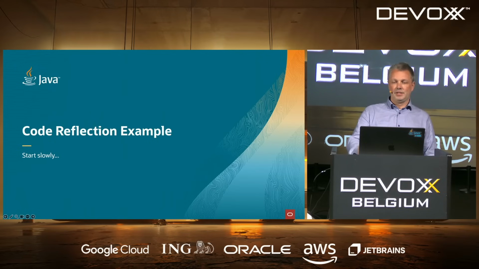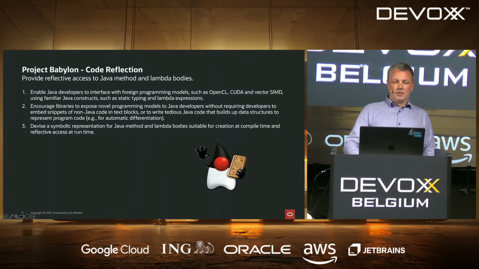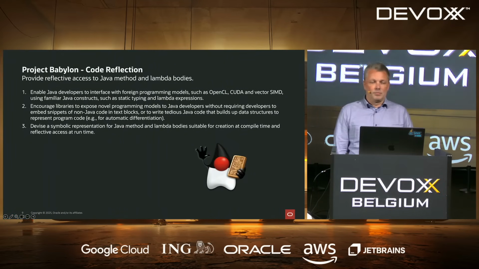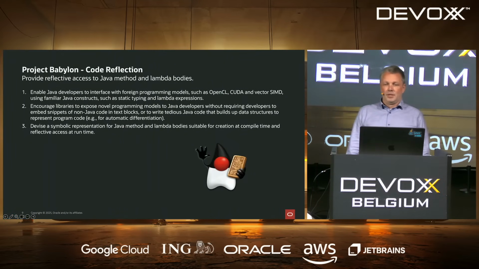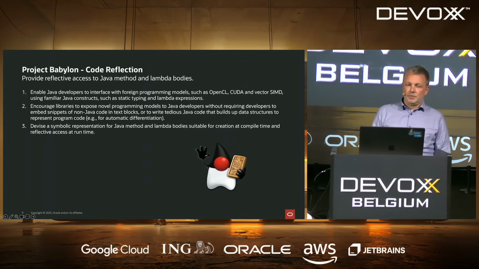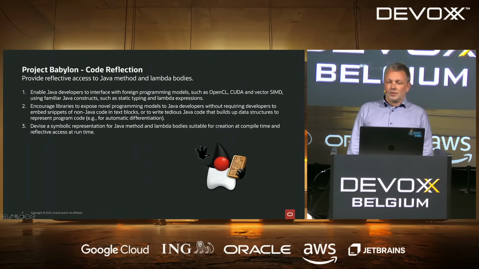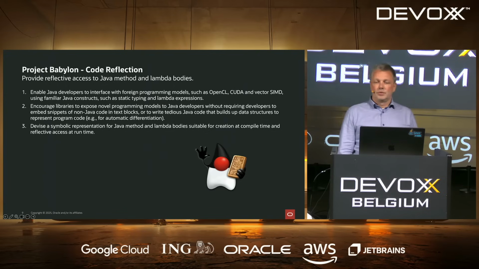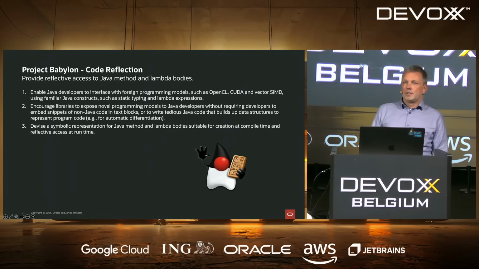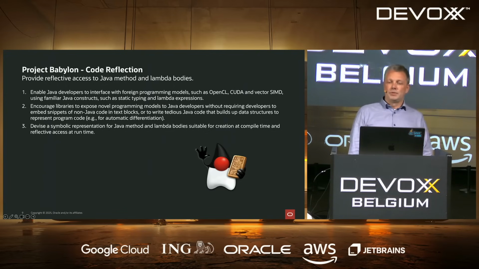For those of you who haven't seen anything about Babylon yet, let me remind you of some details. In Project Babylon, we want developers to model Java using all the power of Java, and we don't want them to embed foreign code or write some ugly Java code that would mimic foreign code models, foreign programming models.